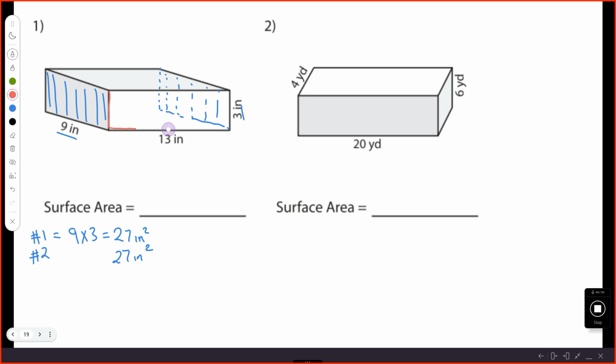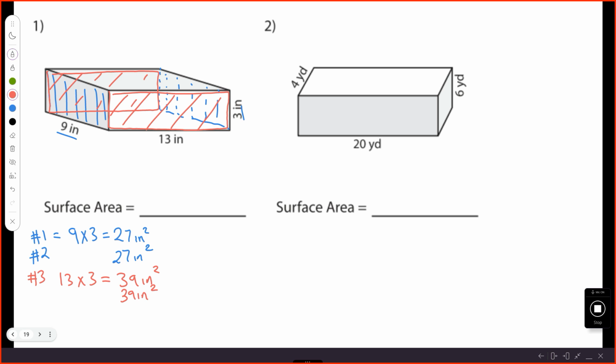So we've got 13 and 3. So side 3 is 13 times 3, or 39 inches squared. And we know that if that one is 39 inches squared, then this one way back here in the back is also 39 inches squared.